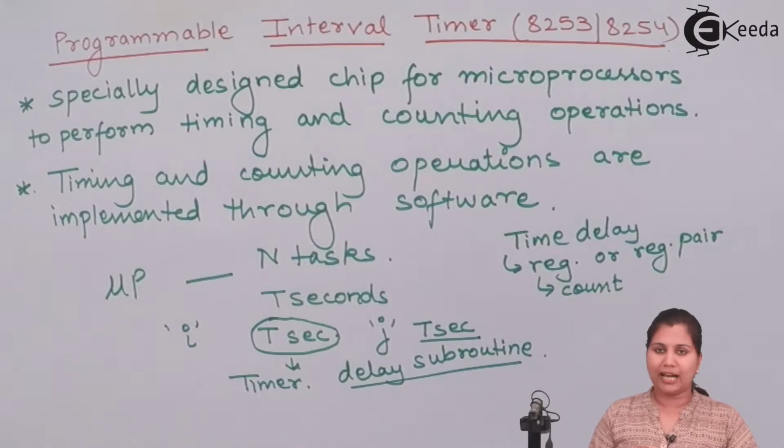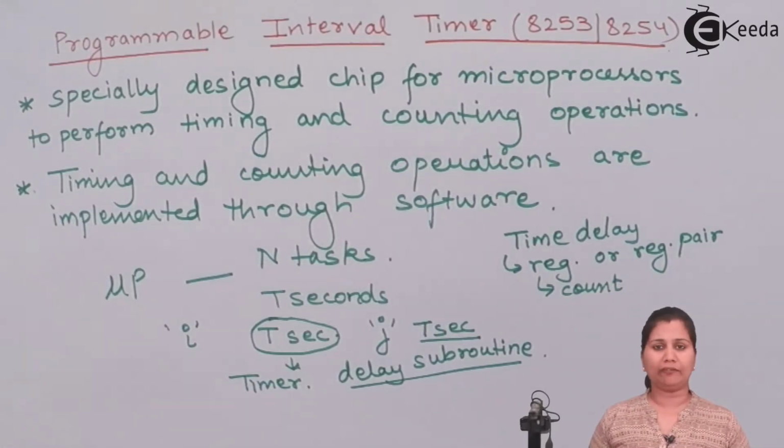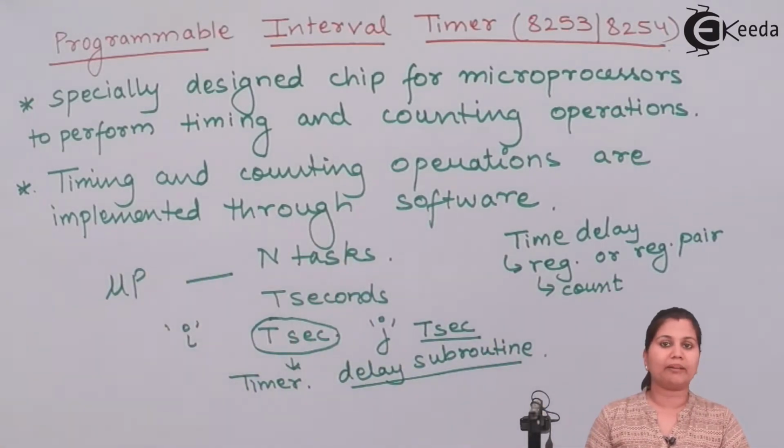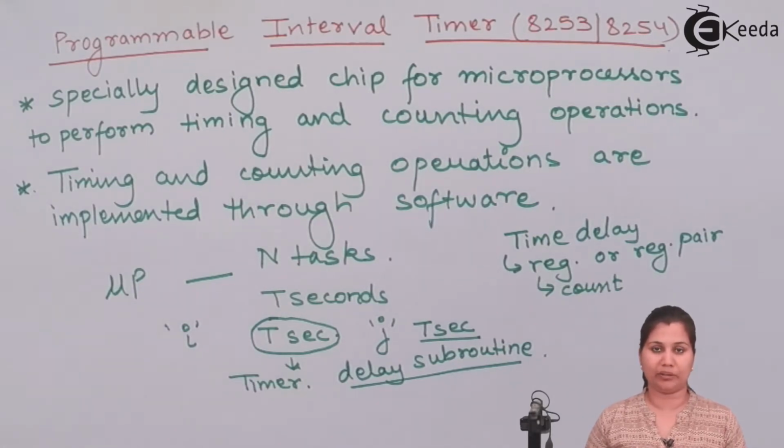So when the microprocessor is performing a lot of tasks and every time it requires a time delay, this complete procedure becomes very complex and the microprocessor is busy in it. It cannot perform any other task in between.